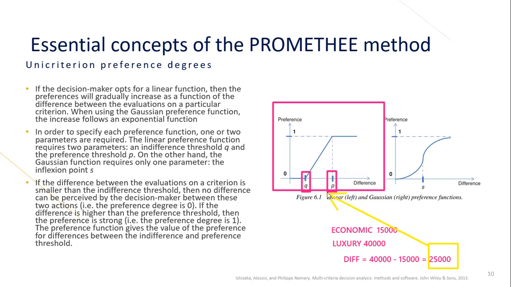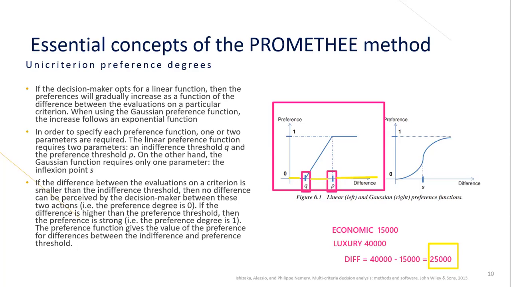Go to this value and check whether it's lower than Q, in the middle of Q and P, or higher than P. Here, here, or here. In order to know that, you need to define what Q and P are, so that you know which area it belongs to.